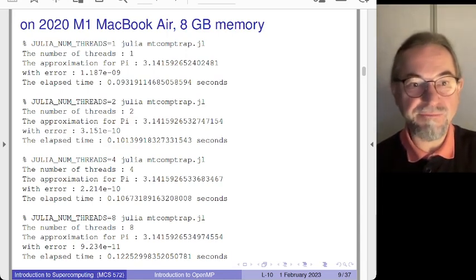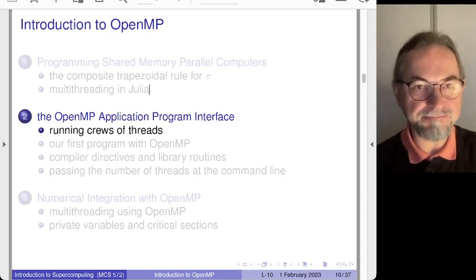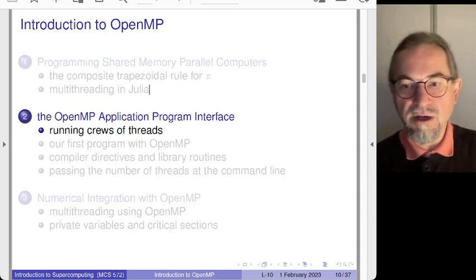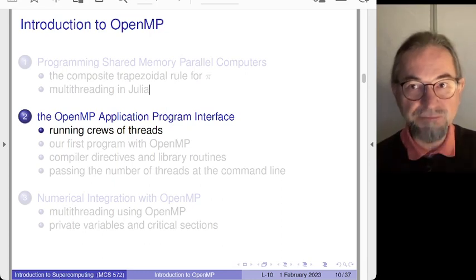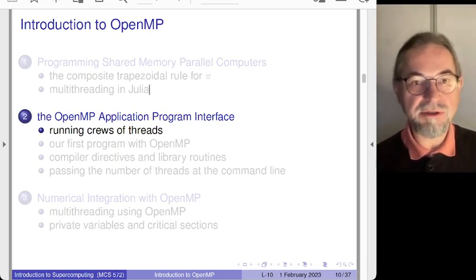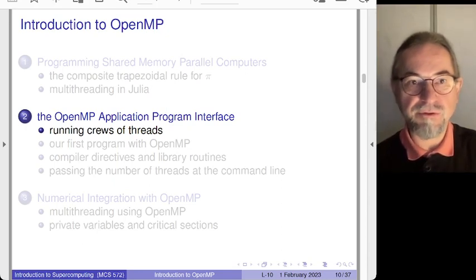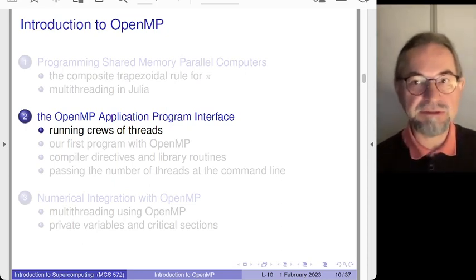Can we do better? And of course, the answer is yes, we can do a magnitude better, but we need to think a little bit differently, and there is where OpenMP comes in. At this point in time, we're going to switch from Julia to C. There are 3 official languages in this course, C, Python, and Julia.